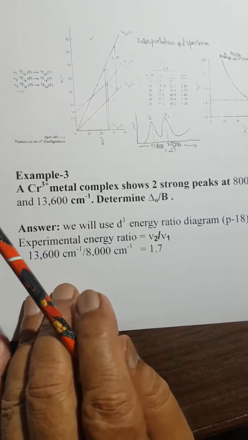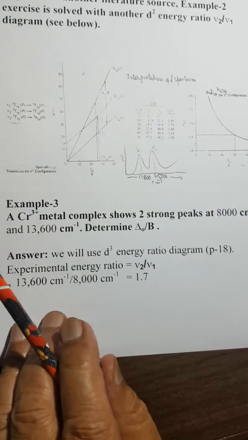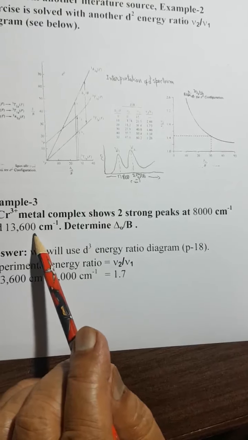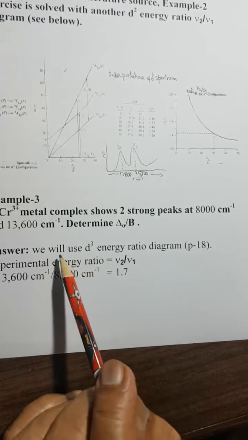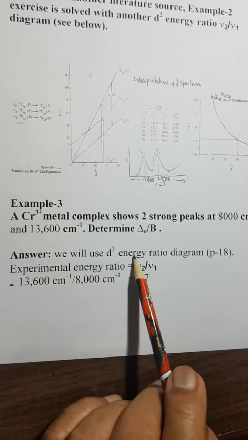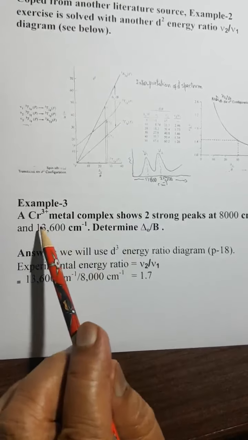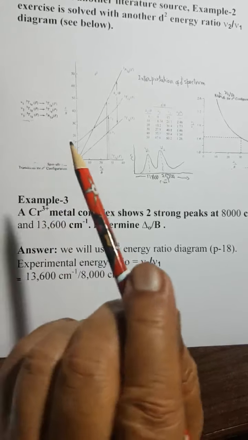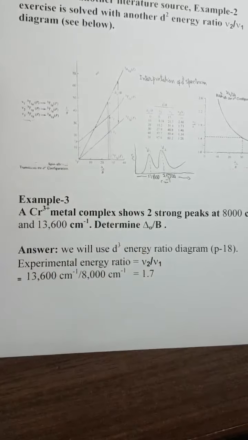Example 3 I'm giving. A chromium metal complex shows two strong peaks, one here and the other here. Determine the answer. We will use the D3 energy level diagram. Why? Because chromium 3 is a D3 system, not D2. The previous examples were D2.